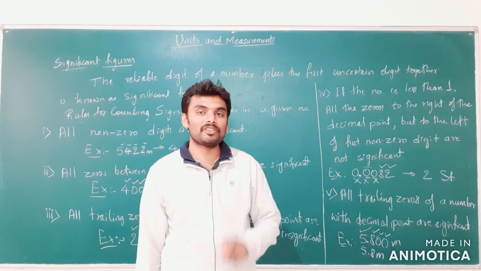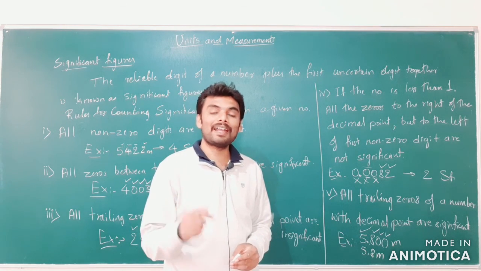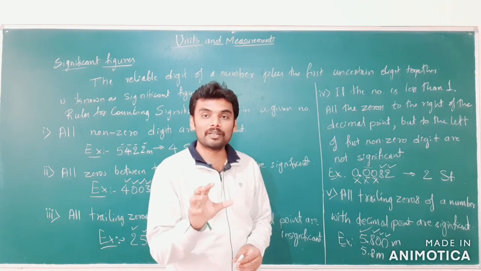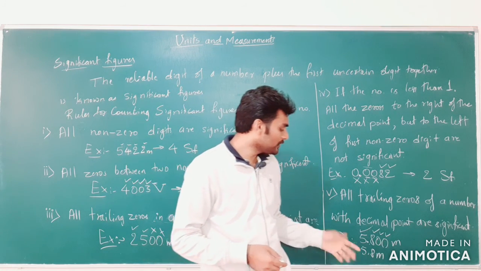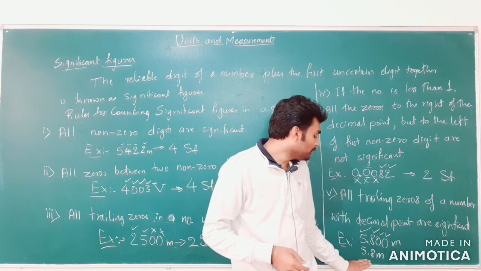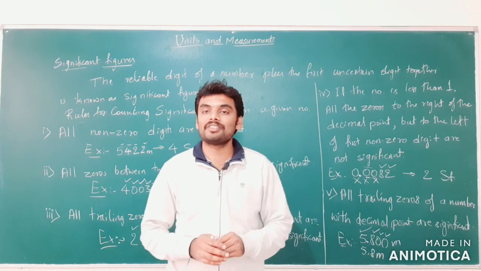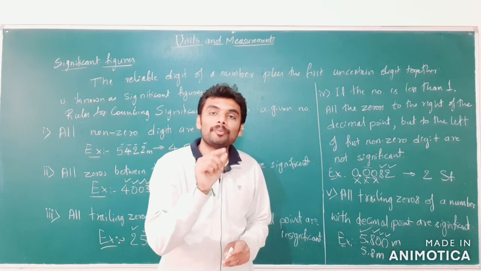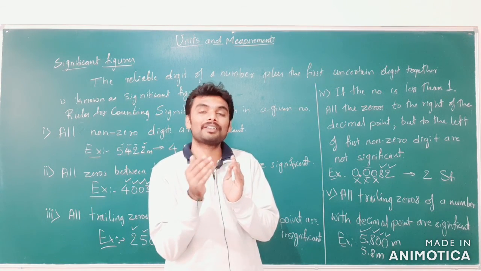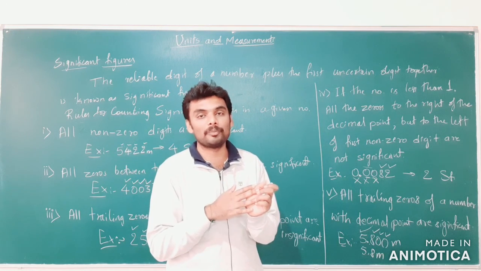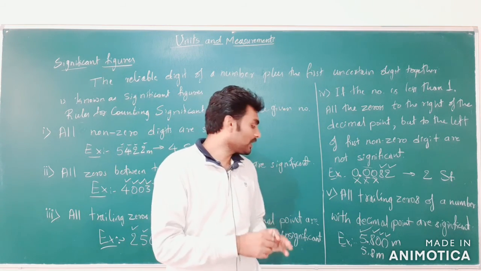Because when we do the measurement, it's not only the number, it's also the details and units involved that are important for us. If I simply keep it as 5.8 meter, it can only measure 0.1 meter. It cannot measure lesser than 0.1 meter, like 0.05 meter or 0.02 meter.